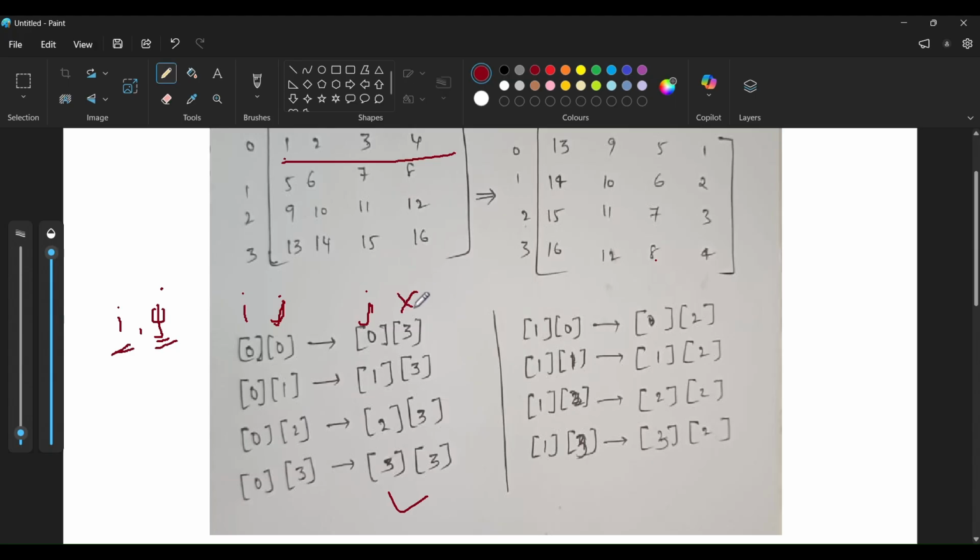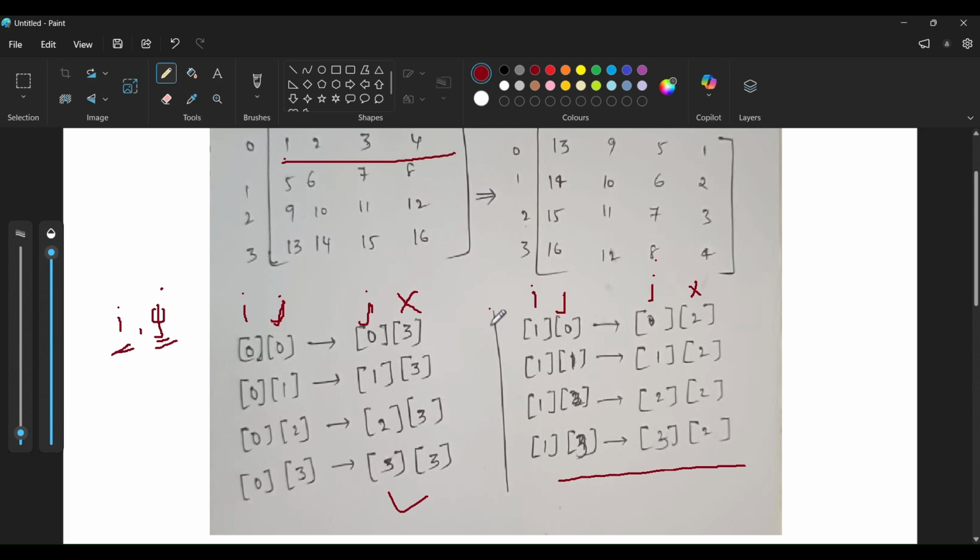Let me keep it as x. And here from this we can observe 0 1 2 3, 0 1 2 3. Here also we can observe that i comma j is becoming j comma x. Now we need to concentrate on x. How do we find x?